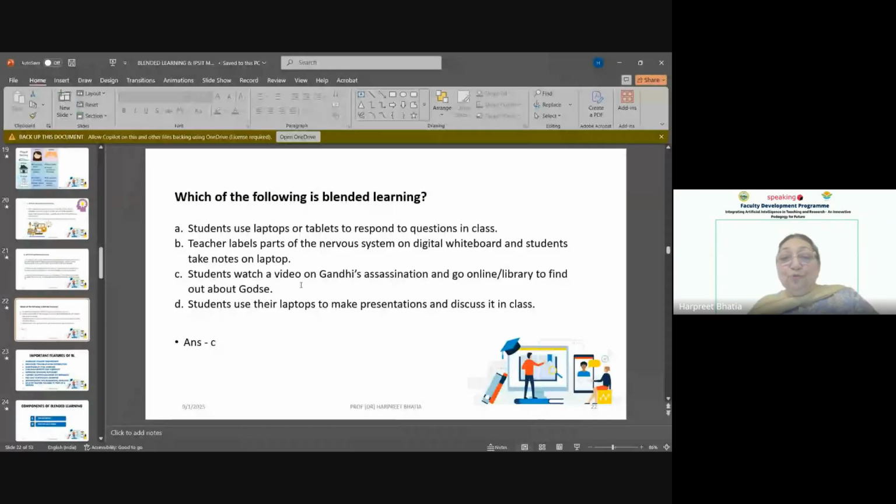Students watch a video on Gandhi's assassination and go online or to the library to find out about Godse. So basically, you have given them a direction, you've shown them a video, and then the students go ahead and bring out further information about that particular aspect or concept or event, whatever it is that you're discussing in class.